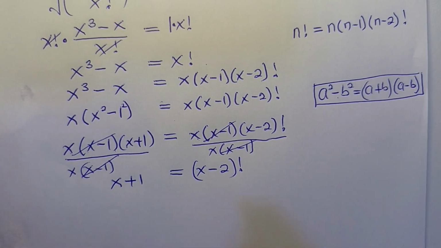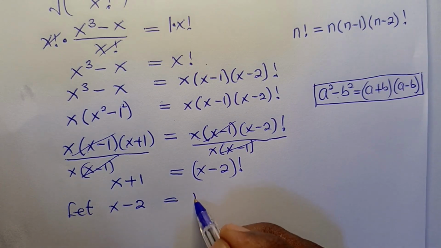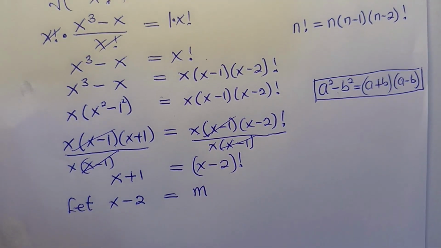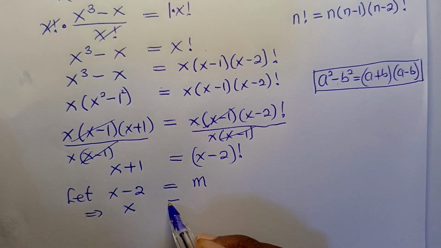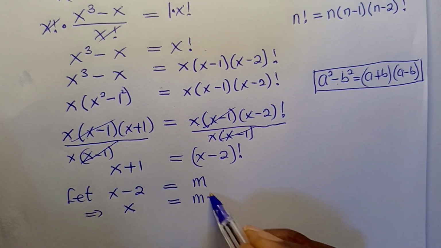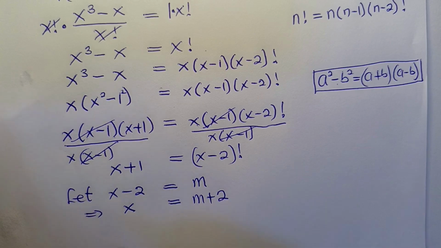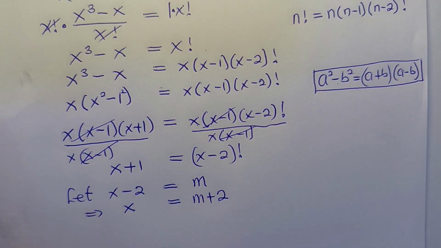Okay, so we say let x minus 2 equal m. So x minus 2 equals m. This implies that x is equal to m plus 2. Get it?